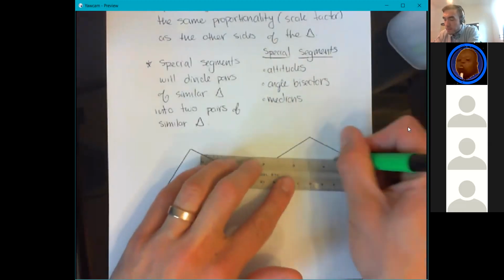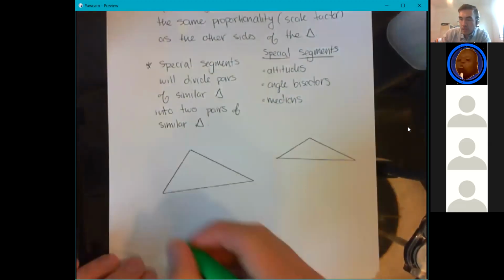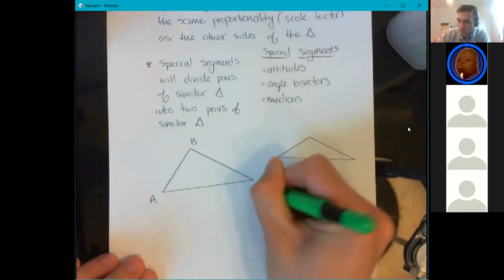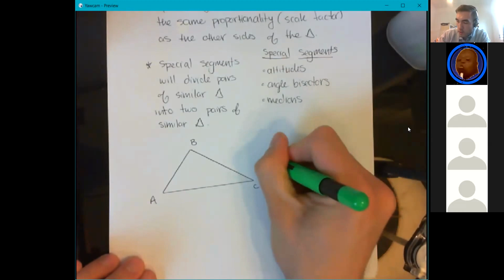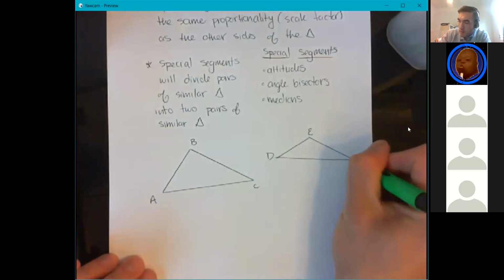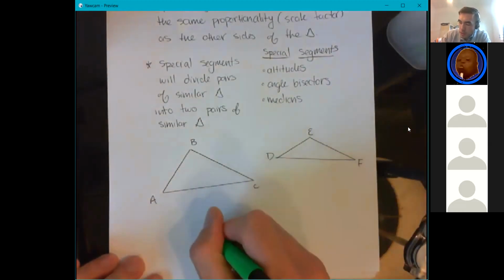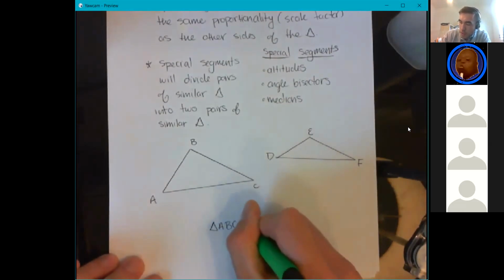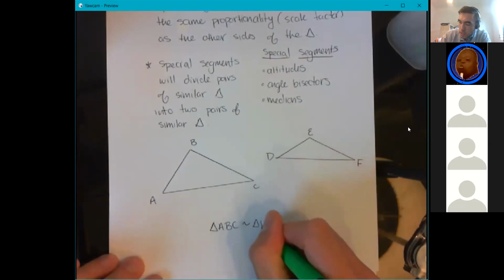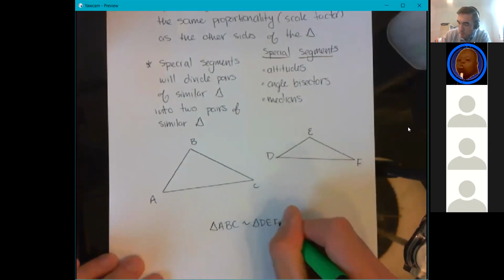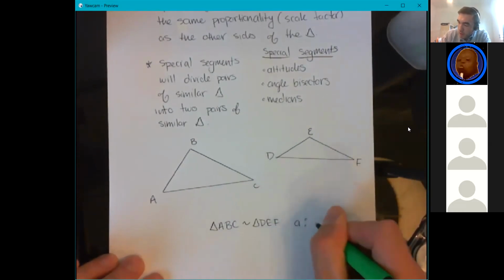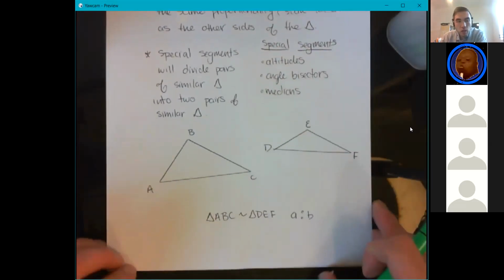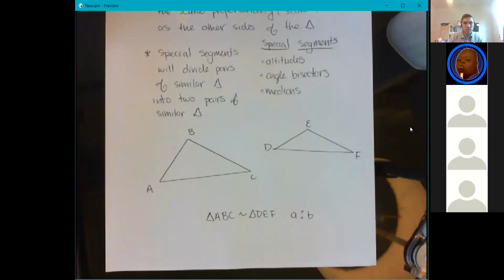That's a fact. I'm going to say that this one right here is triangle ABC, and this one over here is triangle DEF. What I know is that triangle ABC is similar to triangle DEF by a scale factor of a to b. If these two are similar, what does that tell us?